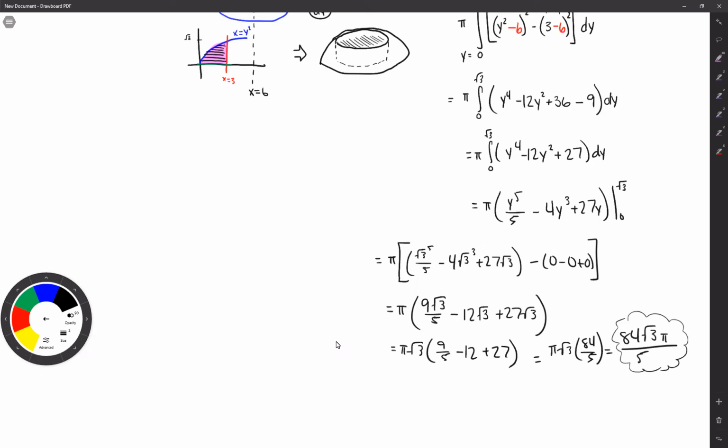So just remember, if you have an offset axis, subtract it from each curve in the disk method or the washer method. Instead of big R squared or little r squared, remember to have big R minus the axis of rotation all squared and little r minus the axis of rotation all squared.